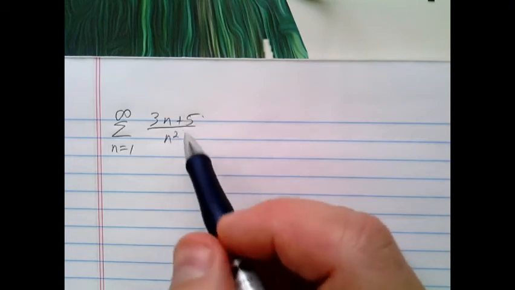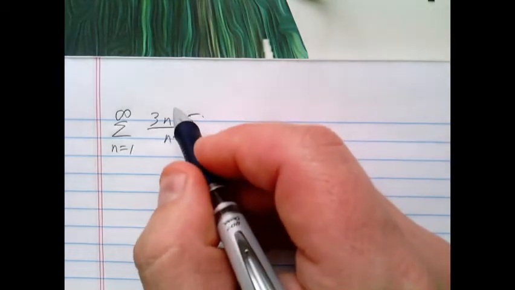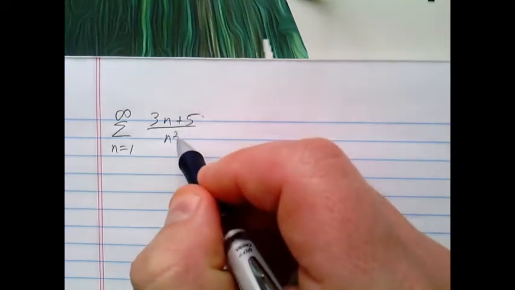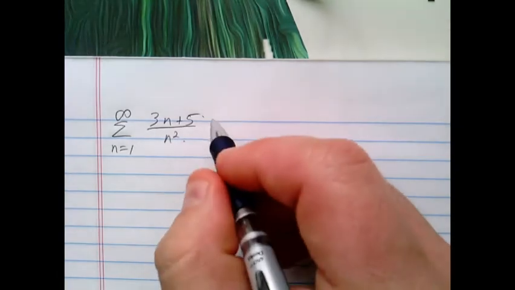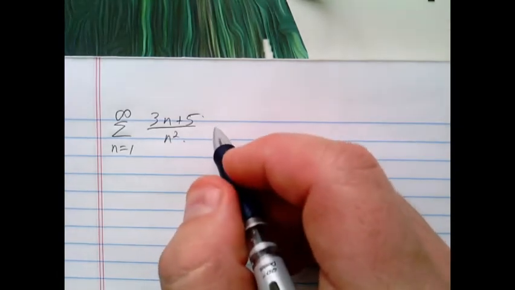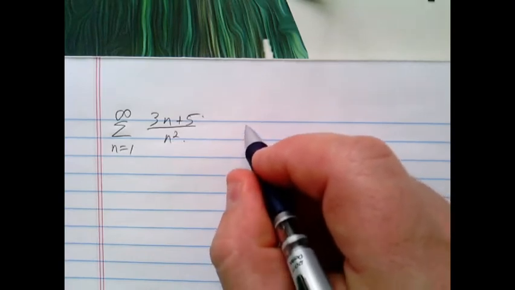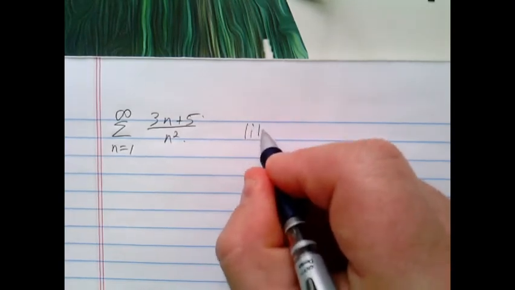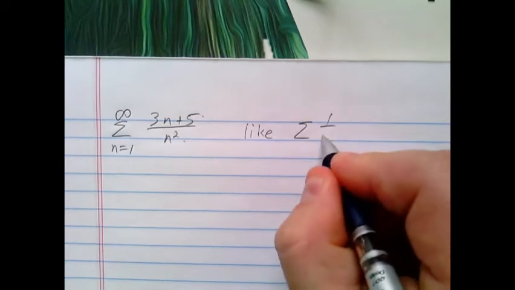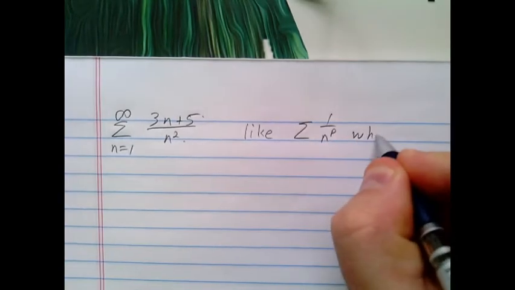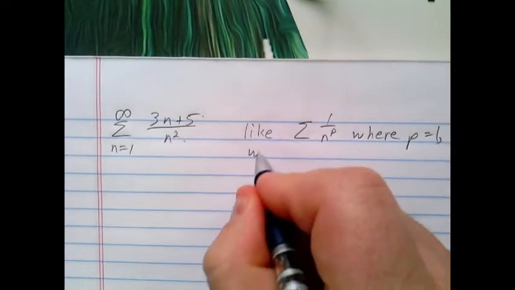Okay. Now, you can probably see at a glance that the top has degree 1, the bottom has degree 2. The difference of degree is 1. So this is probably like a p-series with p equals 1. Okay. So this is like 1 over n to the p, where p equals 1, which is divergent.